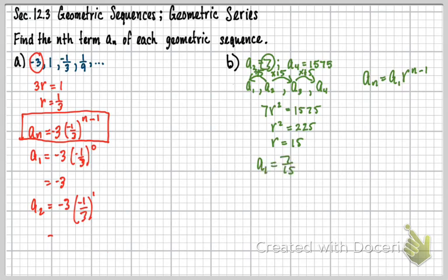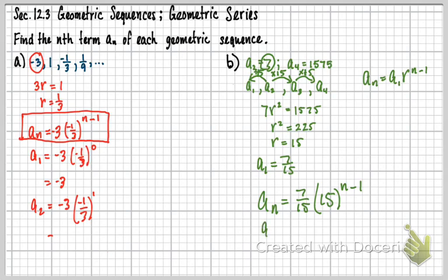So now I have all that I need to find the A sub n term. So A sub n then is going to equal 7 over 15, and my ratio then is 15 to the n minus 1. Now I'm going to test this and see if it works, of course.